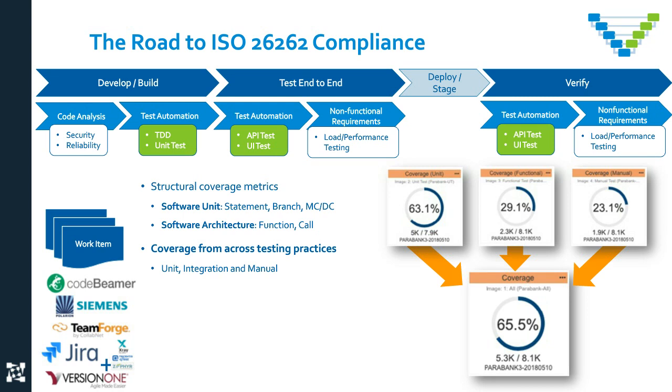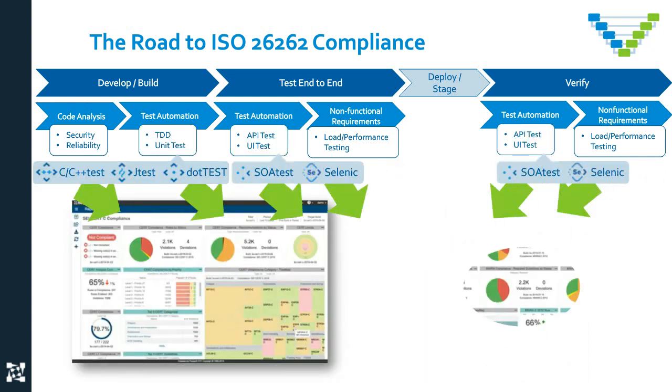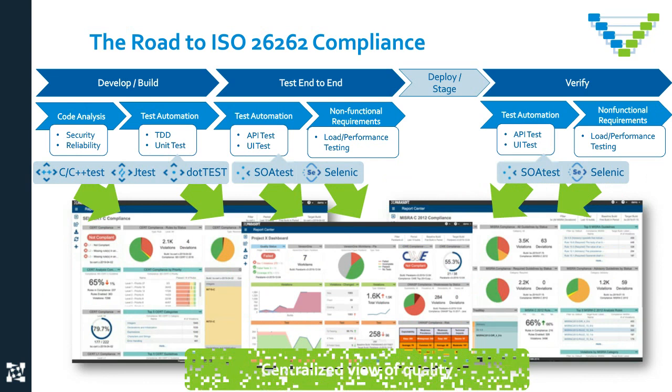This is something that the Parasoft reporting and analytics dashboard that we mentioned earlier really gives us the ability to do. What the Parasoft reporting and analytics dashboard does is aggregate data from across all of these different testing practices, from the code analysis with AUTOSAR or MISRA, through unit testing, API testing, functional validation, and the code coverage metrics, into one centrally managed reporting and analytics dashboard.